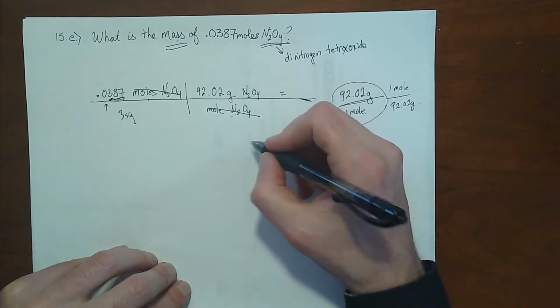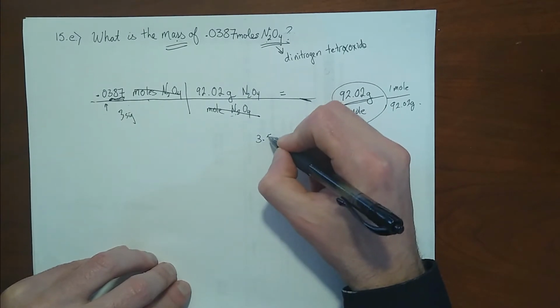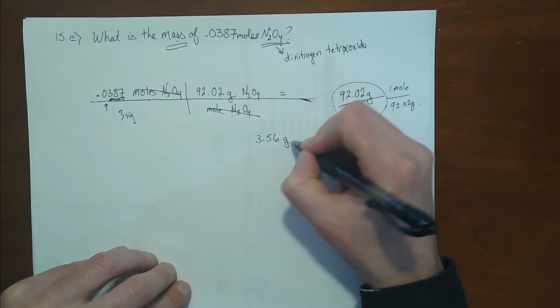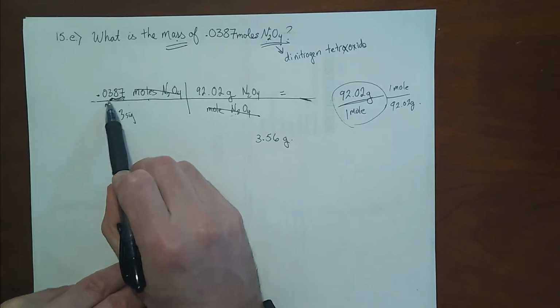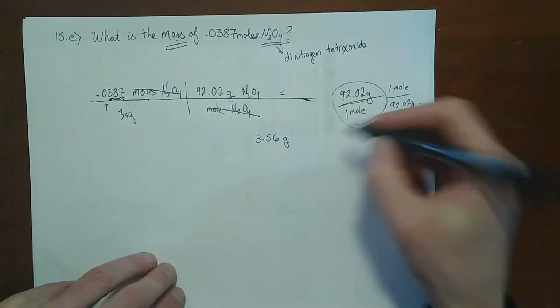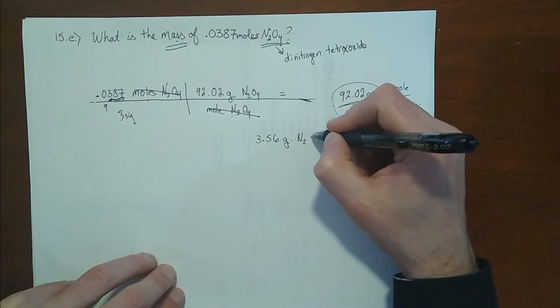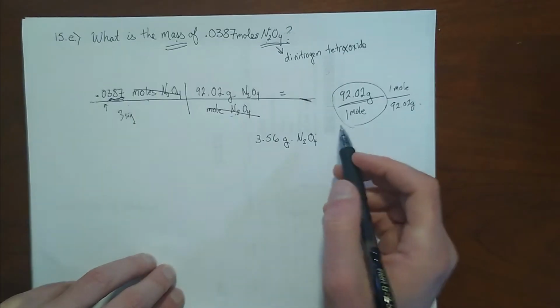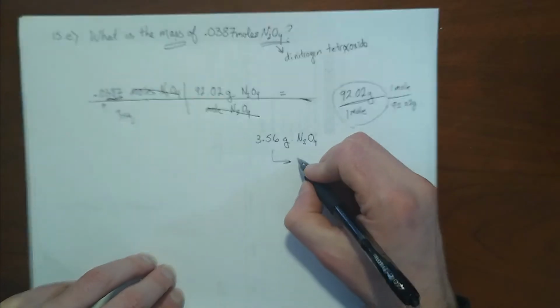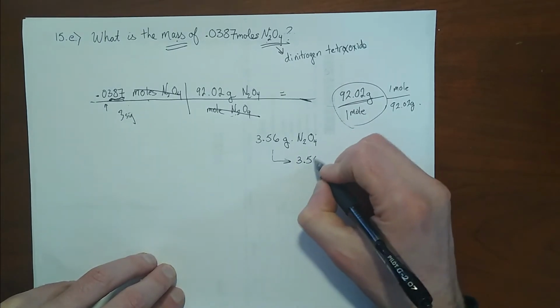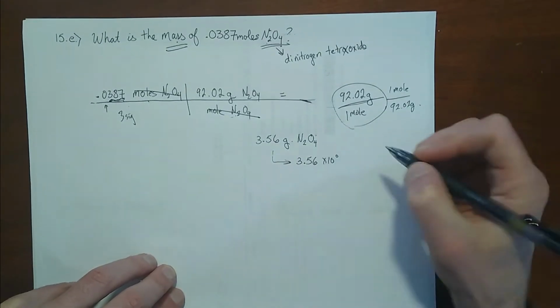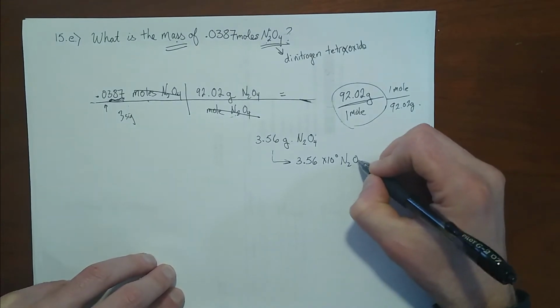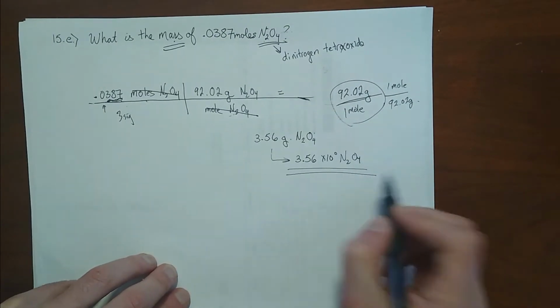When I do this multiplication, I get 3.56 grams. So 0.0387 moles of N2O4 is equivalent to 3.56 grams of N2O4. Or in scientific notation, 3.56 times 10 to the 0, because I don't actually have to move the decimal point at all here.